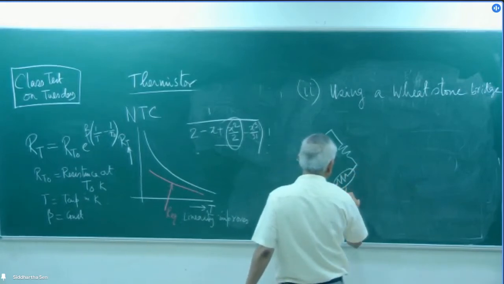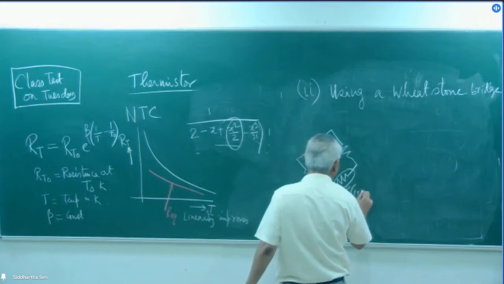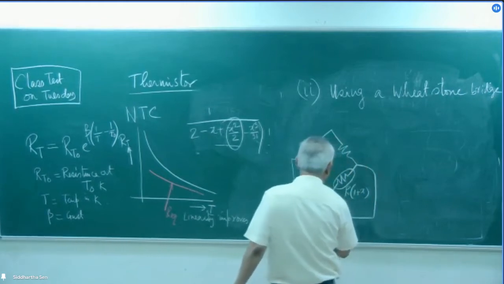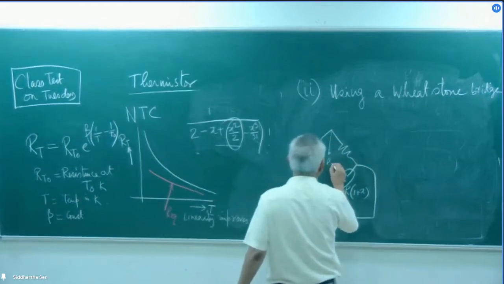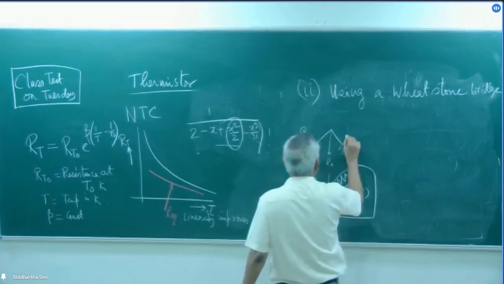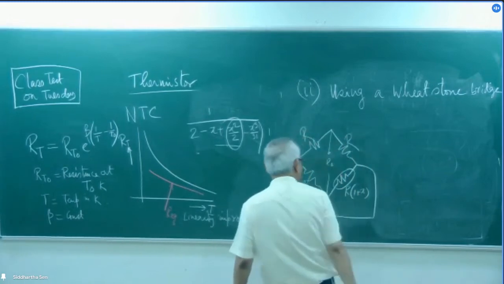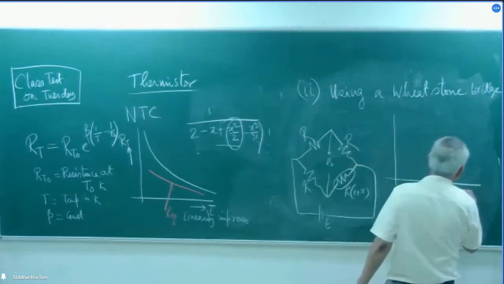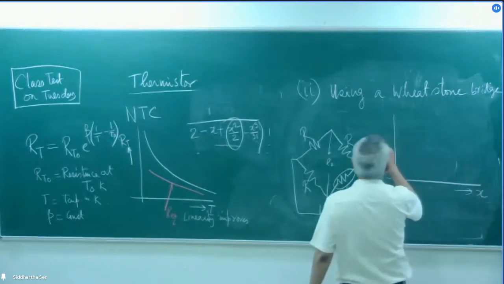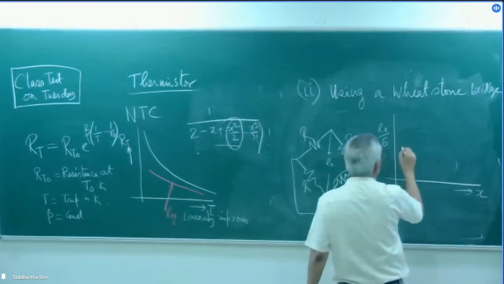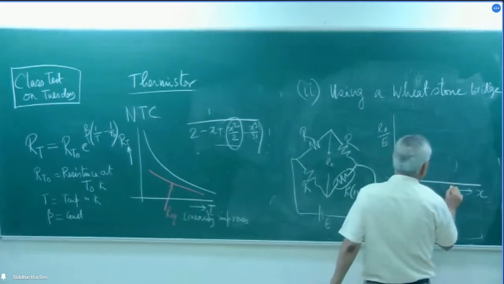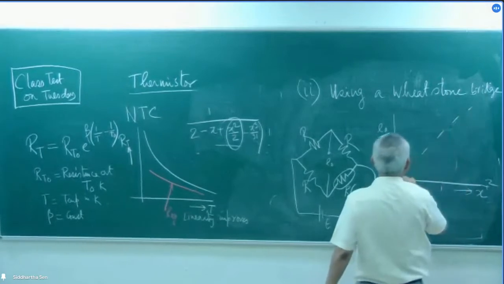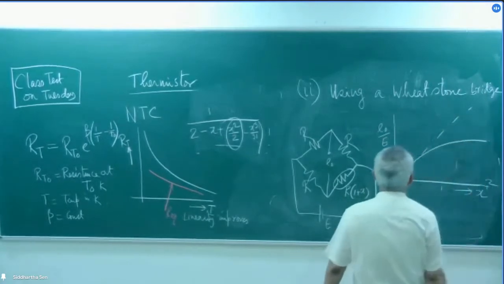So suppose it's a linear resistance R into 1 plus X, and this is your capital E, and this voltage is small R0, R, like this. Then we have seen the plot of X versus E0 by E, if we make it 0 to 1 or 2, it should be like this.